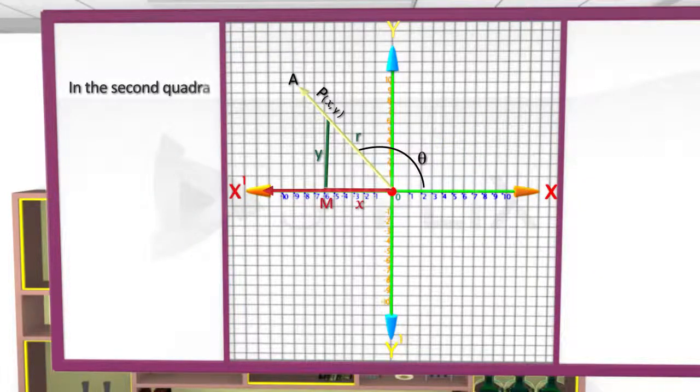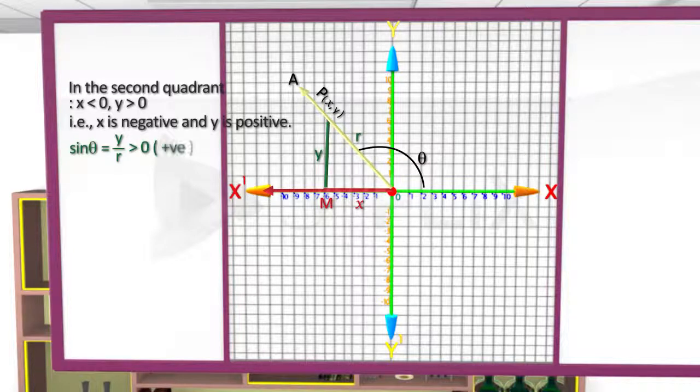In the second quadrant, x is less than 0 and y is greater than 0. That is, x is negative and y is positive. Sin theta is equal to y by r, which is greater than 0. Cos theta is equal to x by r, which is less than 0. Tan theta is equal to y by x, which is also less than 0.